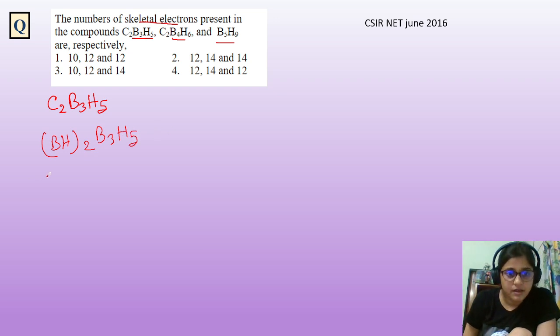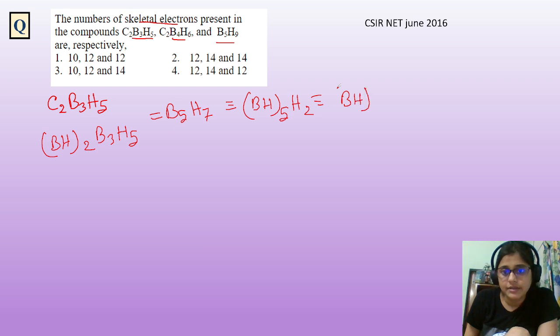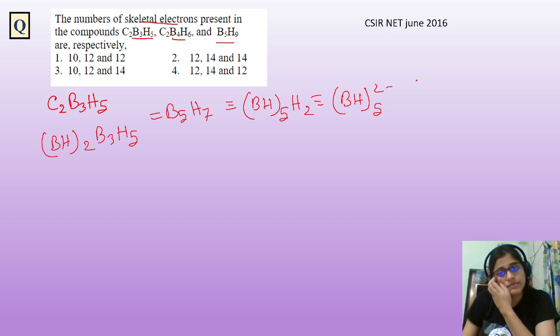Now the total B is 3 plus 2, that is 5, and total H is 5 plus 2, 7, right? Now BH whole 5 and 2H, we can also write as 2 minus, and 2 minus means if we divide it with minus 2, it will be 1 and it will be closo.